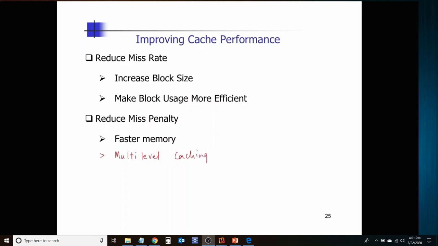So having a primary cache and a secondary cache, so that if we miss the primary, then we go to the secondary cache, which is also faster. So if we add a level, we might reduce the miss penalty. So multi-level caching can also go in this list.